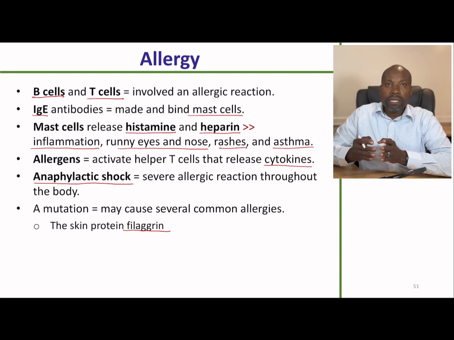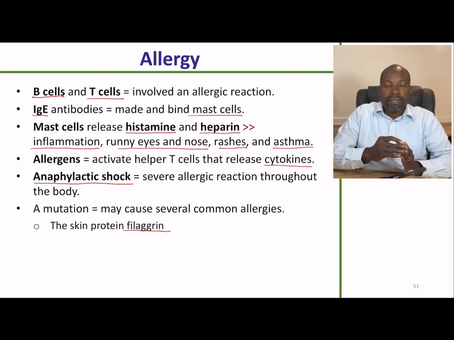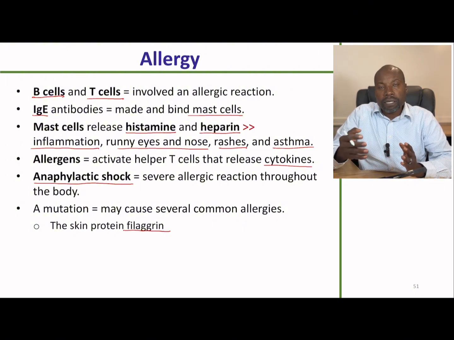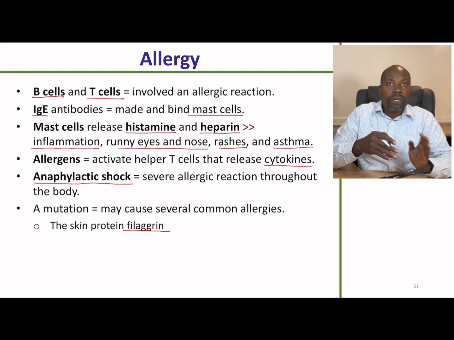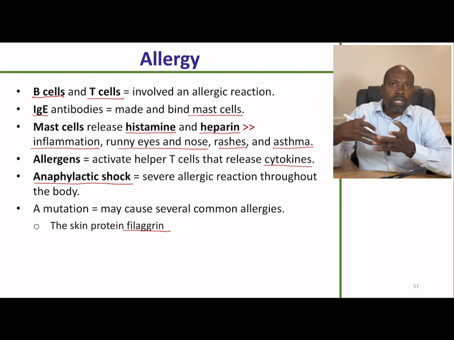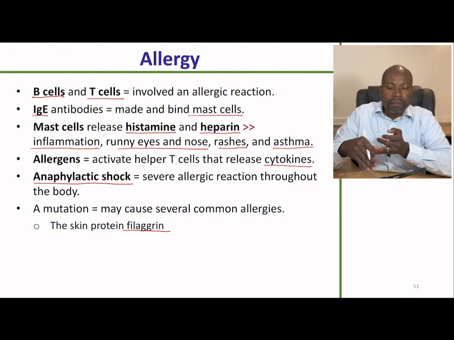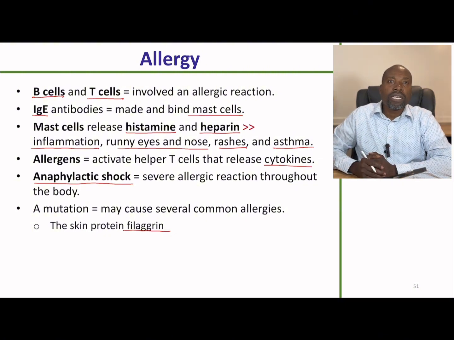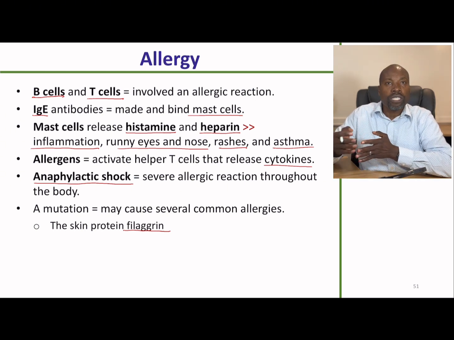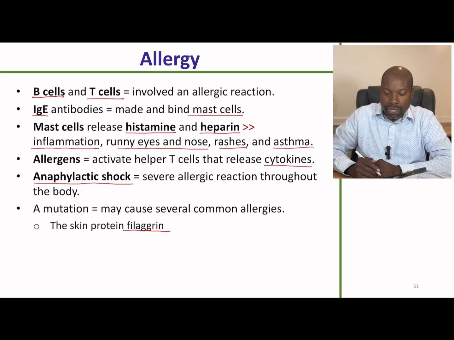Now, when the gene that encodes filaggrin is mutated, we can develop a number of allergies, including asthma, but also allergies to food such as peanut, hazelnut, and other forms of nuts. So most of the time when people are allergic to nuts or to food, it's basically because of a mutation in that gene that produces a protein called filaggrin, which is found in the skin.